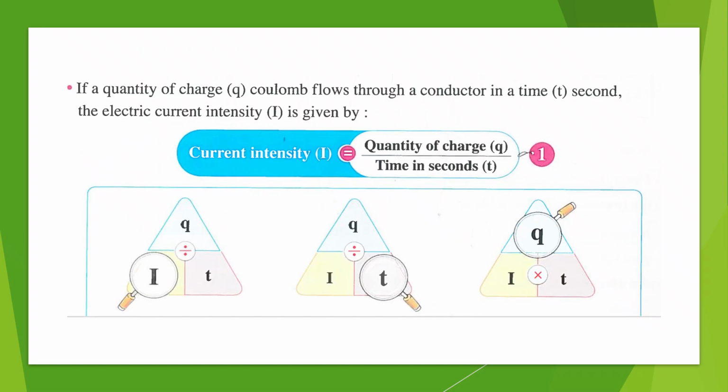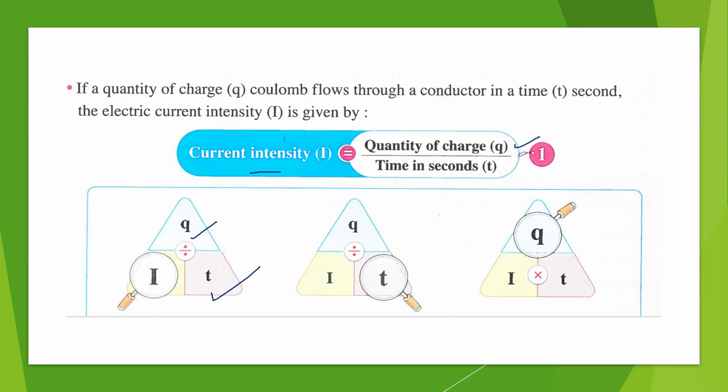Okay, this is the mathematical relation that we depend on to measure the electric current intensity. I equals Q over T. Q is the quantity of charges, T is the time in seconds. And here's the magic triangle that we usually use.